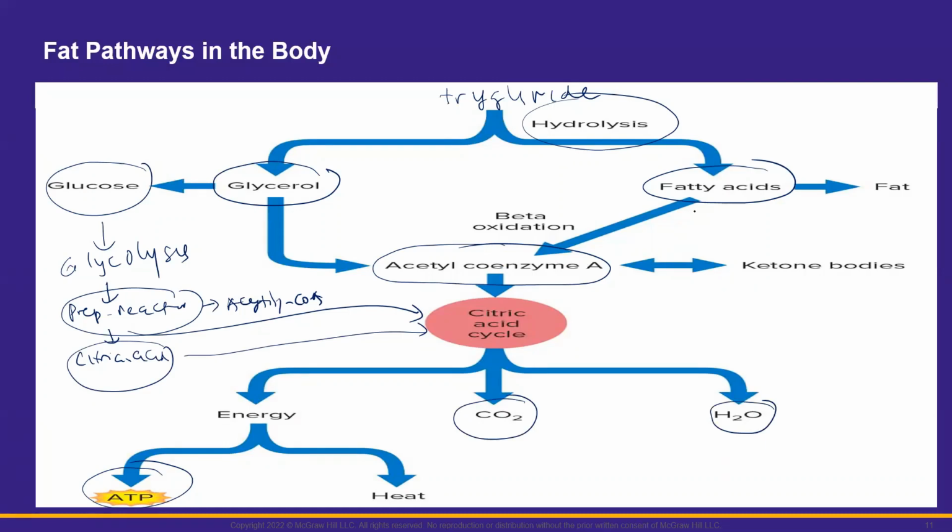Or the fatty acid can also be converted directly into acetyl-CoA, going into the citric acid cycle, and the rest will go to the electron transport chain and produce the energy. Extra can be converted into ketones. And if we don't use them, then they will be converted into fat storage.